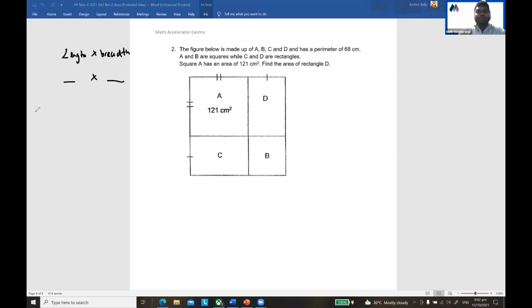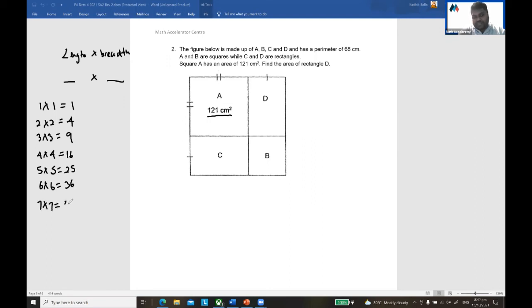Okay, so whenever you see area of a square, I want you to write inside: 1 times 1 equals 1. 2 times 2 equals 4. 3 times 3 equals 9. 4 times 4 equals 16. 5 times 5 equals 25. 6 times 6 equals 36. Keep going. 7 times 7 equals 49. 8 times 8 equals 64.